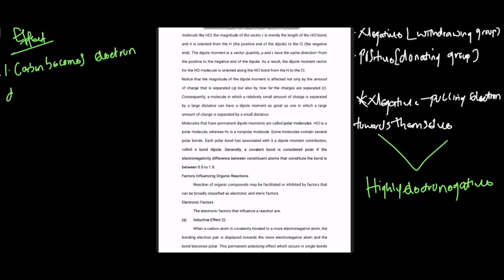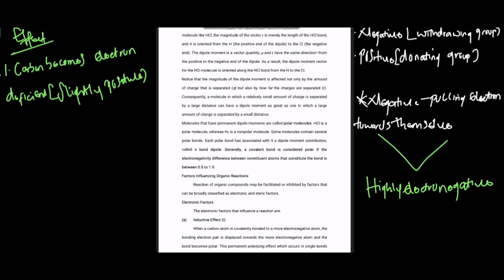That is why the carbon will be slightly positive. It becomes electron deficit.